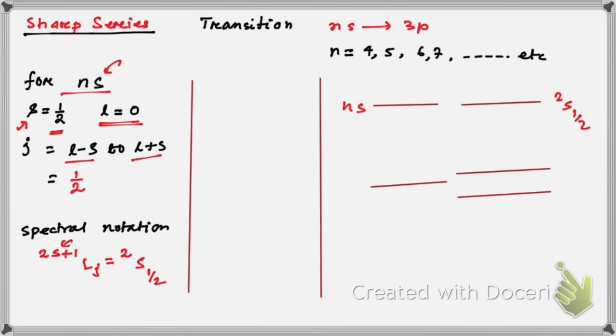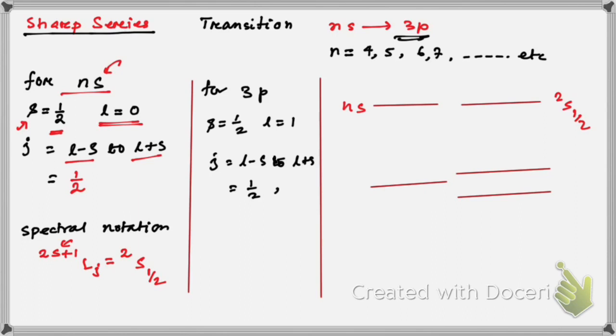So here you see for 3p, the higher energy level. For 3p, we again get small s equal to half, but in this case l will be equal to 1. For the p orbital, small l is 1, and for the value of j we get l minus s to l plus s in steps of 1 unit. That gives half if you subtract, and if you add, you get 3 by 2.